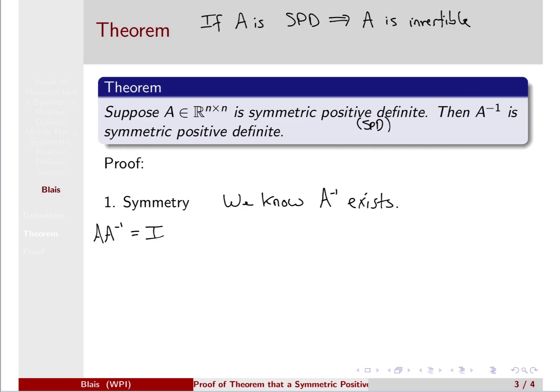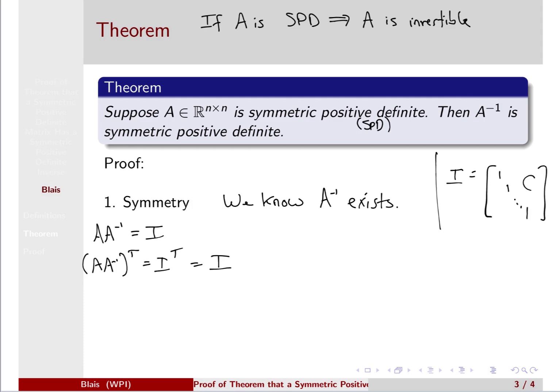We can then take the transpose of both sides, and we know, of course, that the identity matrix is symmetric. It is equal to its own transpose. Again, remember that the identity is this matrix of all ones along the main diagonal and zeros off the main diagonal.